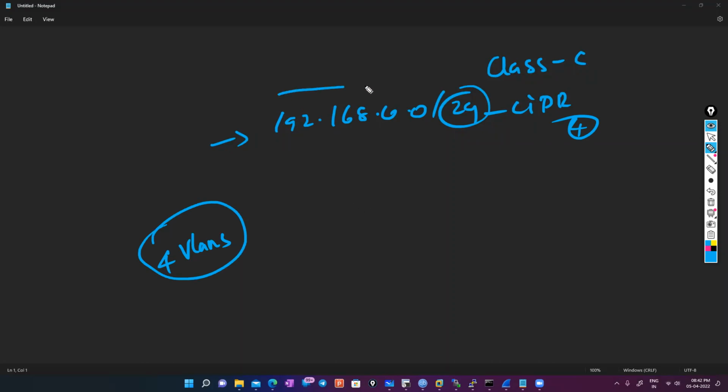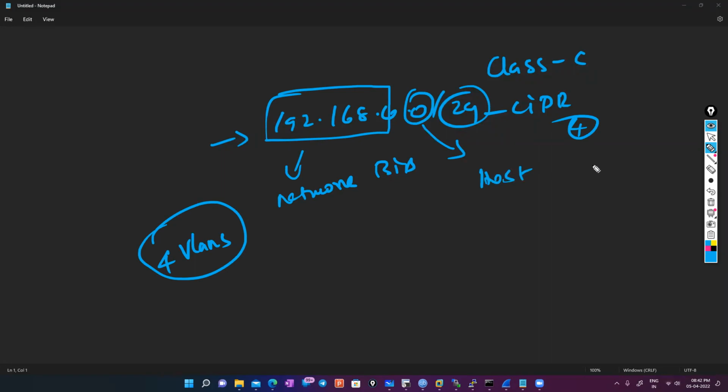As I told you, the first 3 blocks are assigned for the network ID, the network bits, right? Only the 4th octet is used for host. But now the objective is to make 4 networks. How do I do that? If I keep increasing the bits from left to right, what happens? My network bits grow, right?